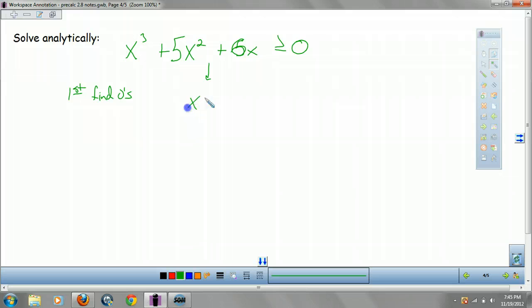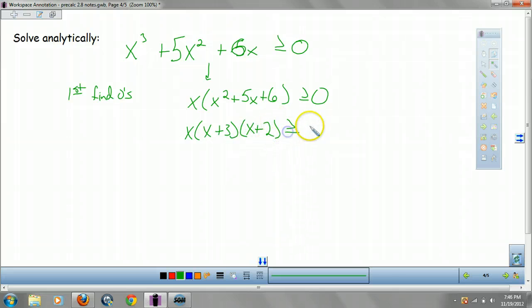I'm going to factor an x out of this beast and get x squared plus 5x plus 6 greater than or equal to 0. So I'm going to get x times x plus 3 times x plus 2 greater than or equal to 0. So I know my zeros are when x equals 0, negative 3, and negative 2, right?